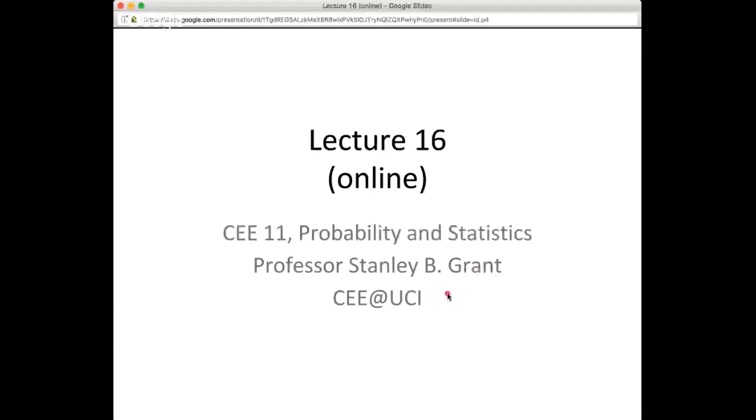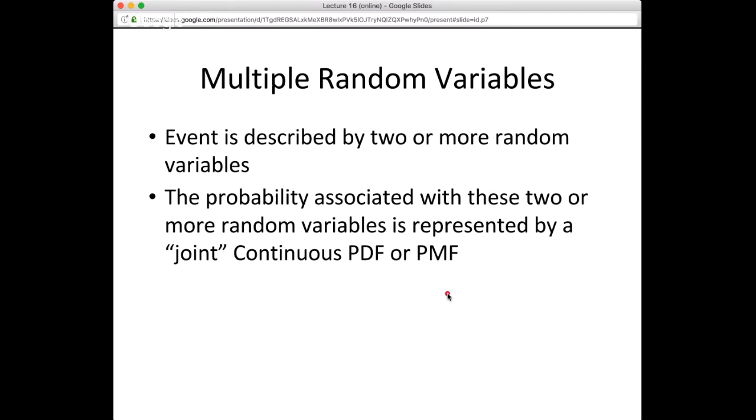Okay, so today I'm going to be chatting a little bit about multiple random variables, and basically this is a tool that we use when an event of interest is described by two or more random variables.